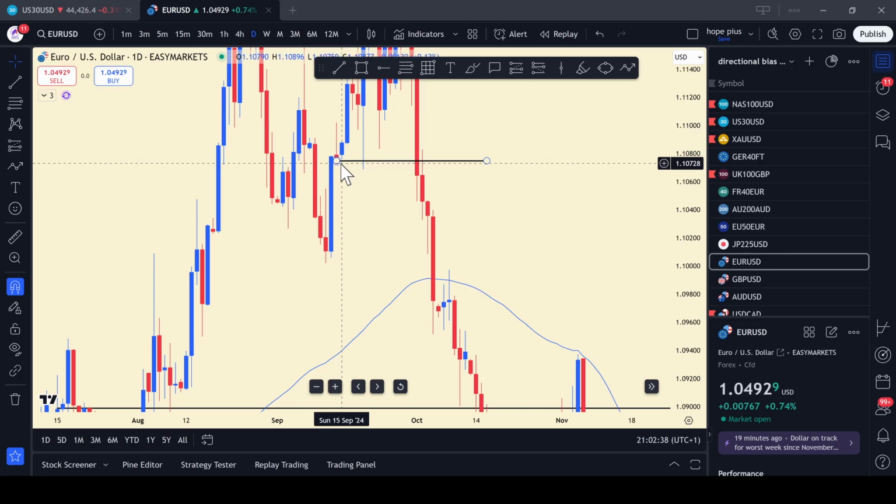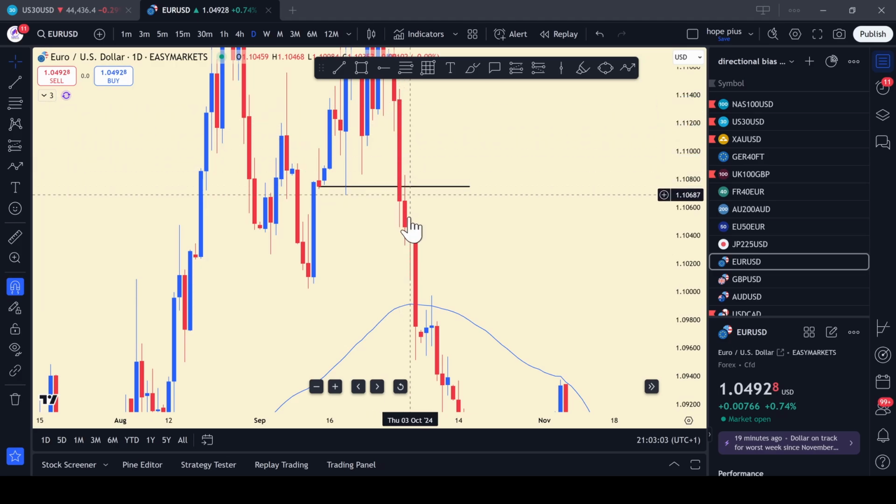When the market closes, the next candle should have opened immediately at the same price here and then pushed up. But what happened? It jumped. So this is an inefficiency in the market. And as you can see, price came back down to the opening price before pushing. So we are going to draw a line across this and then formulate a trading plan around it.